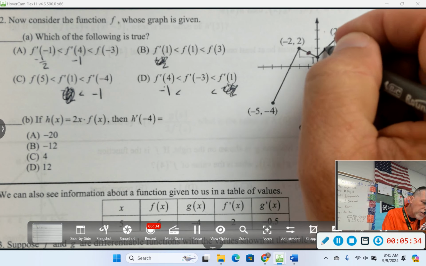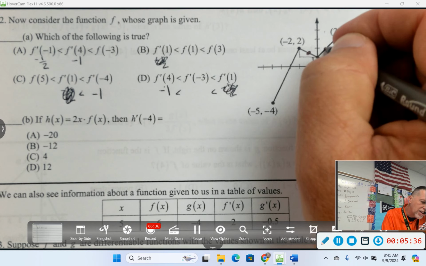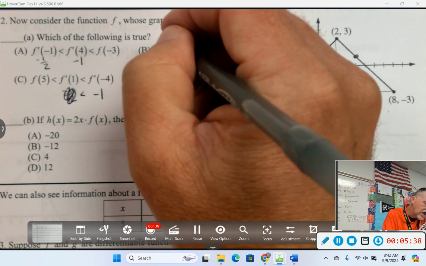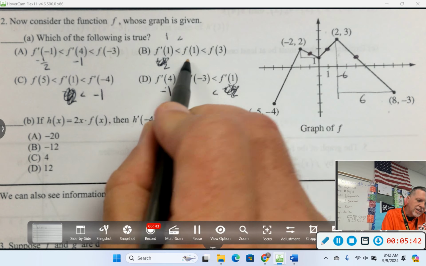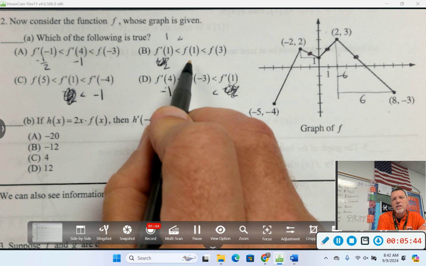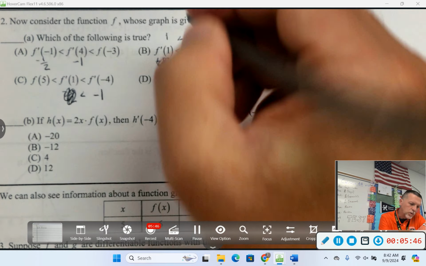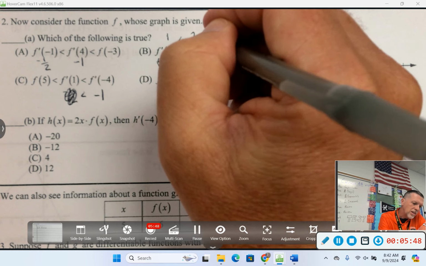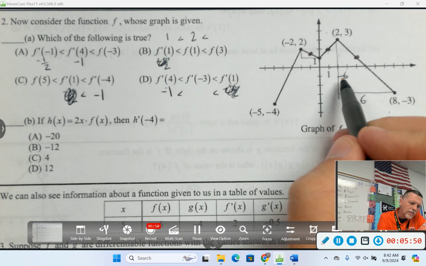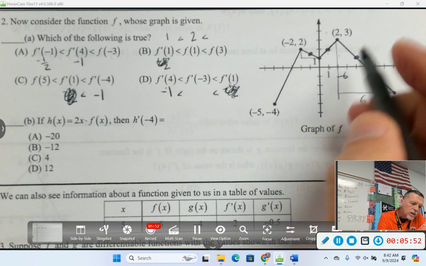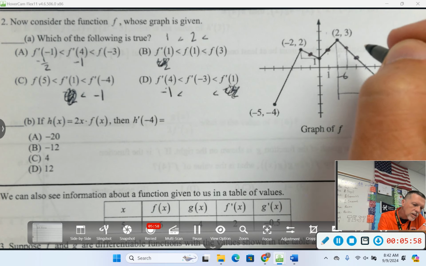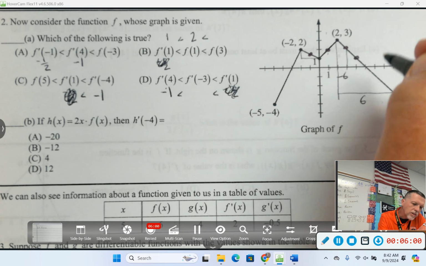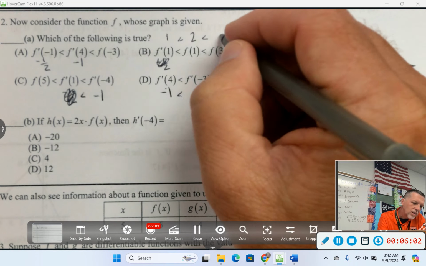F prime at 1. What's the slope at 1? 1. And the function at 1. What's the function at 1? 2. Oh, maybe. 1 is less than 2. F of 3 is 2.